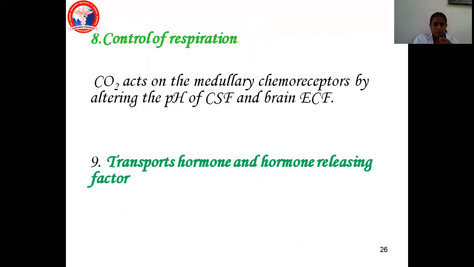And the eighth function is control of respiration, because carbon dioxide acts on the medullary chemoreceptors by altering the pH of CSF and brain extracellular fluid. So the carbon dioxide first dissolves in the CSF, and only then does it act on the chemoreceptor. And finally, it plays a very important role in the transport of hormones and hormone releasing factors.